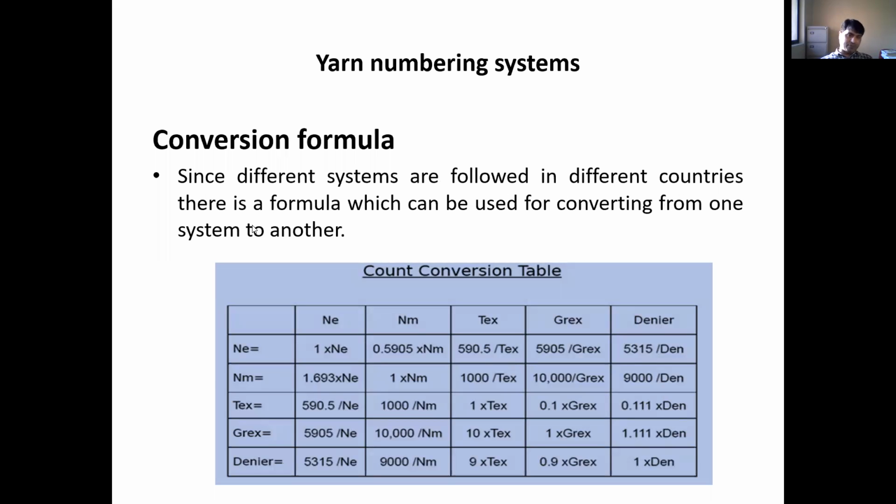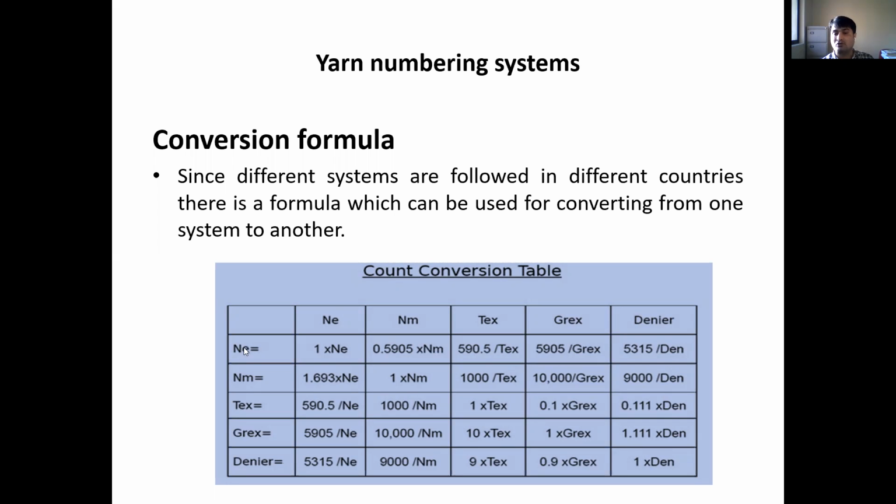So for these conversion formulas, we just have to remember the count conversion table. This is the British count. To go from British count to British count, we multiply by 1. To go from British to metric count, we multiply 0.5905 into the metric count.